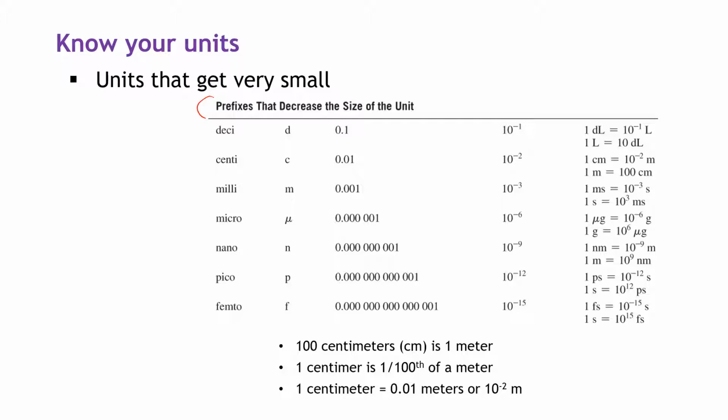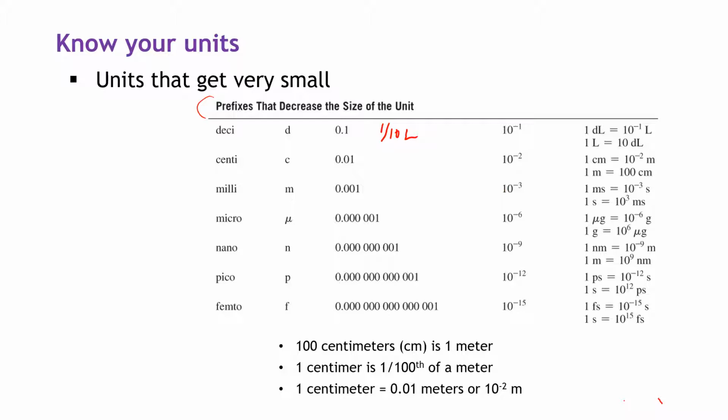Or a deciliter, we could say, is equal to 10 to the negative 1 liters. Another way of putting that is a deciliter is equal to 1/10 of a liter. So we have options here. 0.1 liters, 1/10 of a liter, 10 to the negative 1 liters. It all means the same thing. We're just writing it in a different mathematical term.